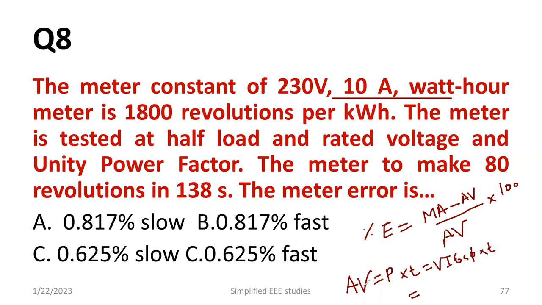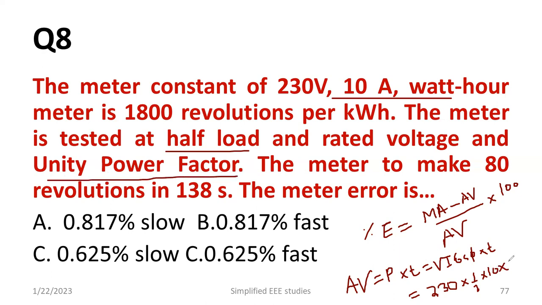So now let us calculate the actual value of energy. What is voltage? Voltage is 230. Then current is how much? 10 ampere, but they have mentioned half load because load will be directly impacting the current. So half into 10, right? Half into 10 into, what is cos phi? They have mentioned directly that it's a unity power factor.